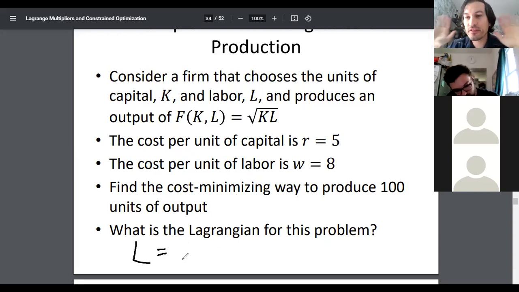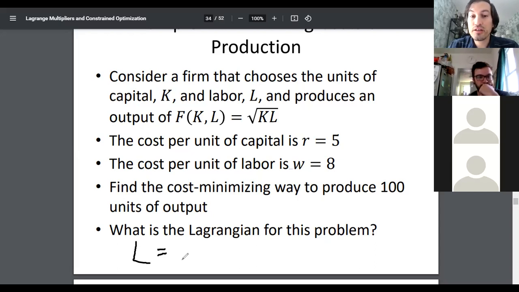First things first, what's my objective function? I'll tell you this, it's not the square root of K times L. That is not the objective function. The objective is the thing I'm trying to maximize or minimize. And in this example, it's cost. We need a way to measure cost.